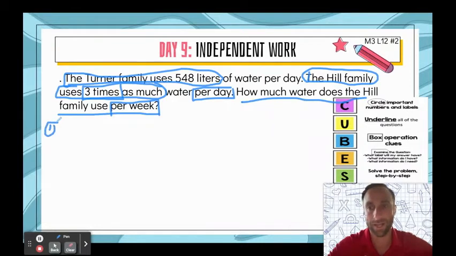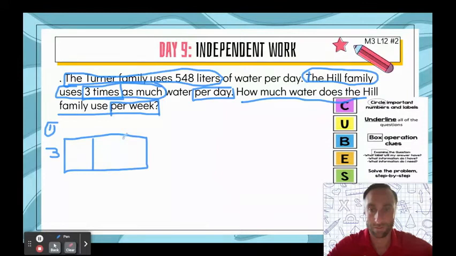I'm going to go ahead and use the area model to set up 548 times 3. So I got 548, right?